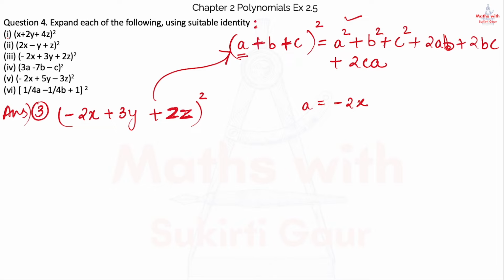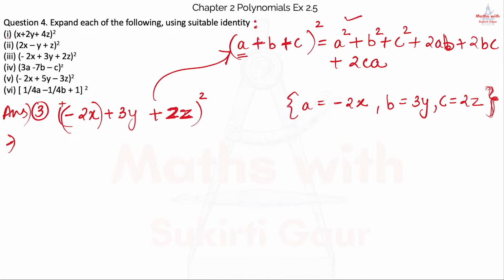Because here a isn't positive. So if I take it as positive, I have to take it like this in bracket. So a we will be taking as minus 2x. b is already positive, so we will be taking b as 3y. c, again it is positive, 2z. Okay, so these are all the modifications which we need to do according to the question.